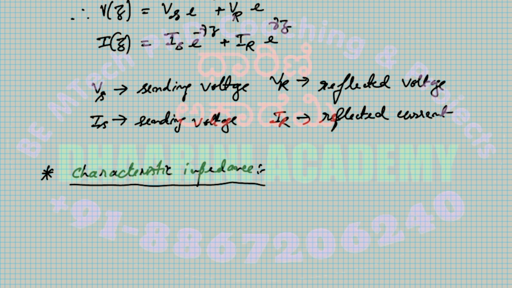Assume that the transmission line is very long, that the length is tending to infinity. Now, this Z naught can also be defined as the impedance measured from the input side of a transmission line whenever its length is infinity, very long.